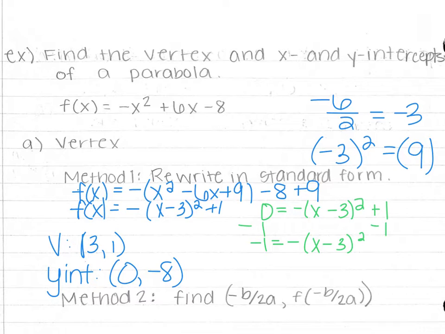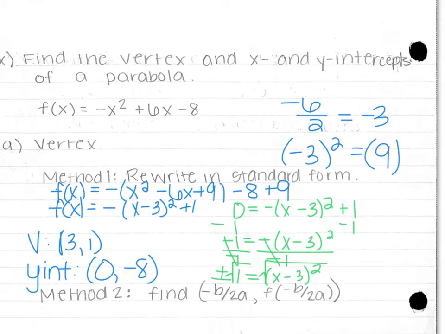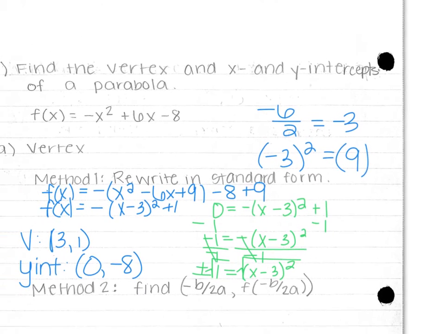Divide both sides by negative 1. So now we have a positive 1 equals x minus 3 squared. We can take the square root. So we have plus or minus 1 equals x minus 3. So now, let me scroll over here so we have a little extra space.